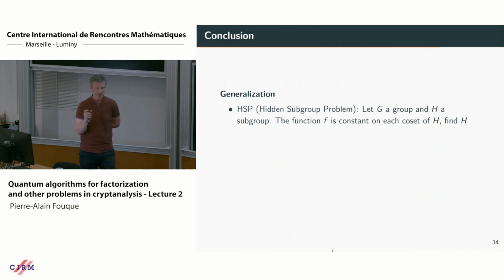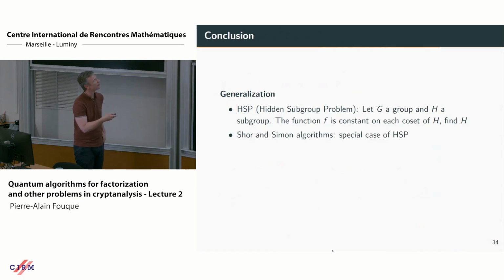For Simon's algorithm, the cosets have two elements, x and x XOR c. For Shor's algorithm, the coset can be as large as the period r. This is a special case of the hidden subgroup problem, which is just Shor's algorithm in a more abstract way, and you can embed a lot of algorithms in this setting.